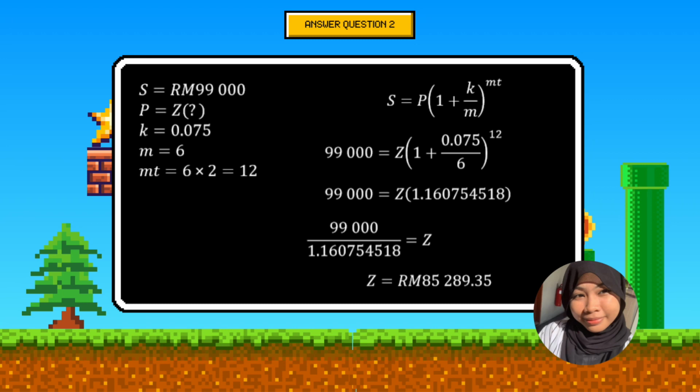And then we have to divide 99,000 by it because we have to find the Z, the P. And we got the answer, which is RM 85,289.35 cents. So that is the answer for question 2.